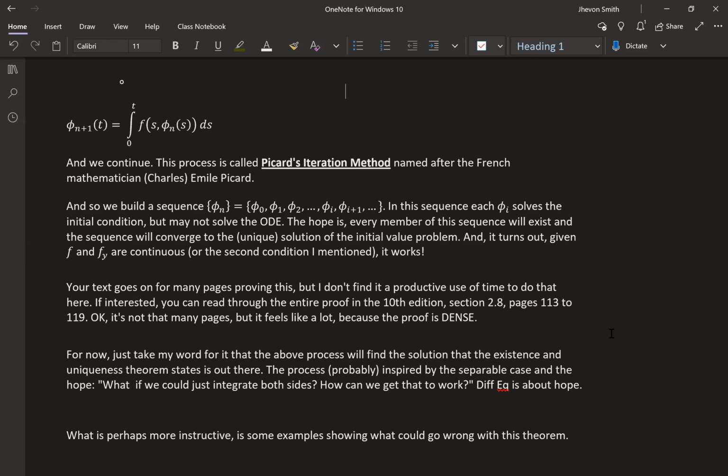Well, it might not be separable, so integrating both sides with respect to t might not be possible. So what you do instead is you replace the y with some function of t, and then you try to integrate that. And because what function of t you should replace it with is not obvious, you start out with a guess, and then you run it through this iteration process to come up with a better guess, and a better guess, and a better guess, and hopefully, eventually, it converges to the perfect guess.